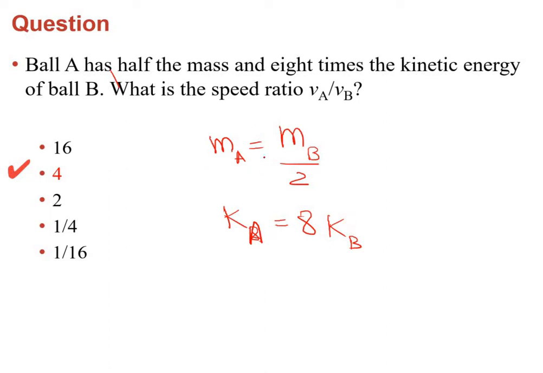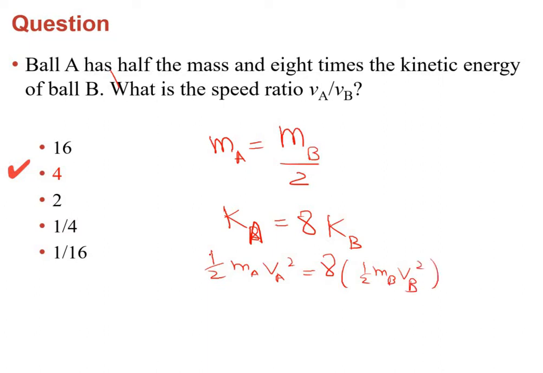So how do you solve this now? We know that KA, half MA VA squared, is equal to 8 times half of MB VB squared, right?